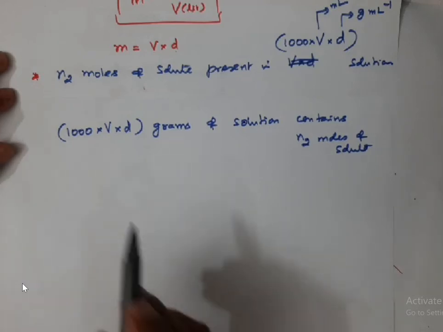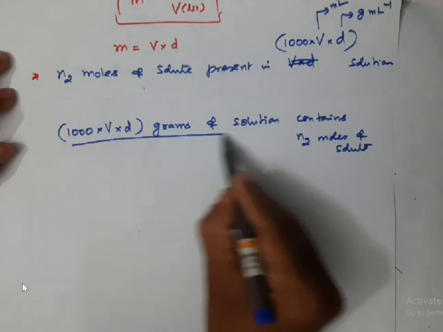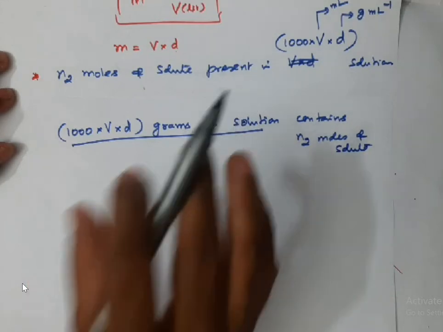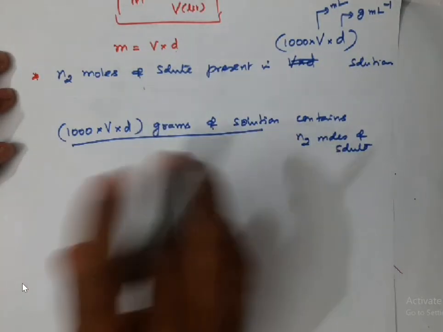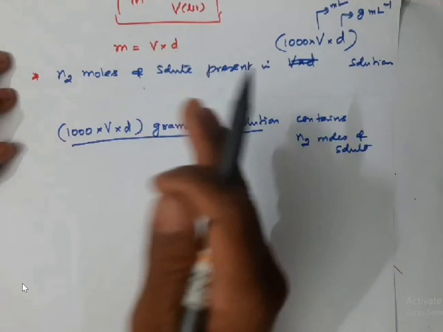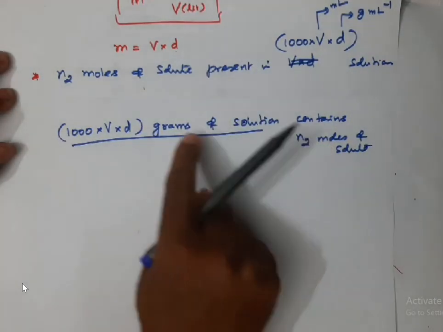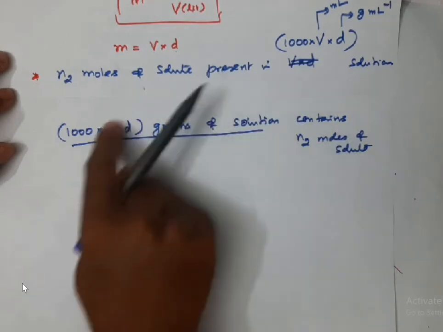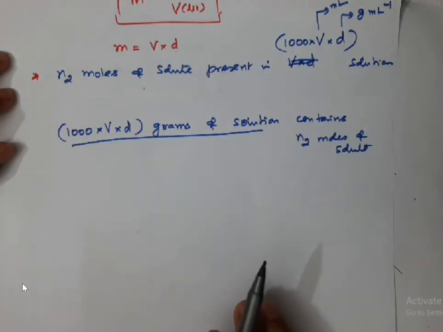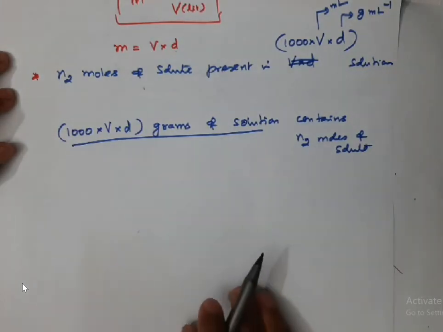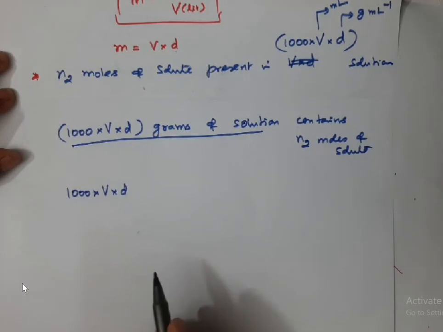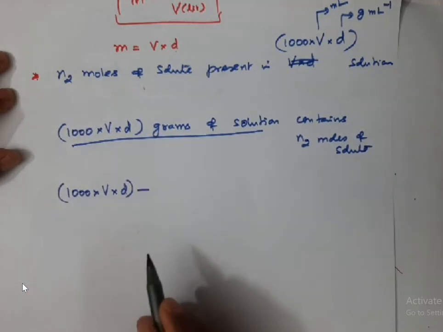Now you know very well, this is actually the mass of solution. What is the mass of solvent? Solution is nothing but solvent plus solute. Mass of solution is nothing but mass of the solvent plus mass of the solute. So from the total mass, if I subtract the mass of the solute, I will get the mass of solvent. So 1000 into volume into density, from this I subtract the mass of the solute.